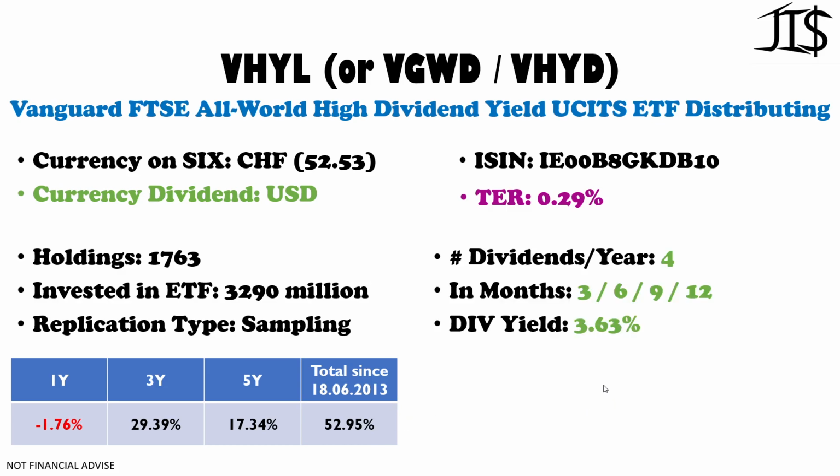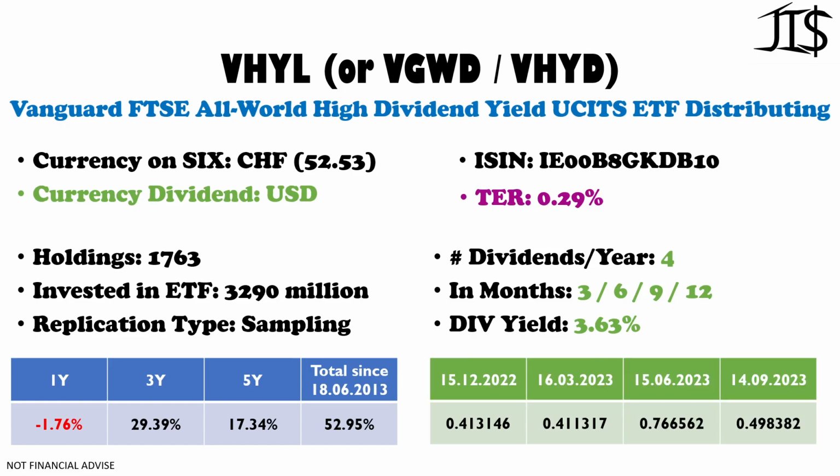And again, 4 dividends per year, and this one pays out a dividend in March, June, September, and December. In total, they give a dividend yield right now of 3.63%. And again, really nice dividends that they pay out, nicely distributed.